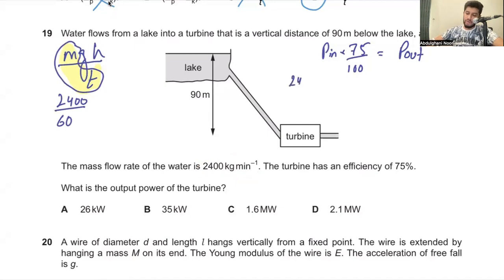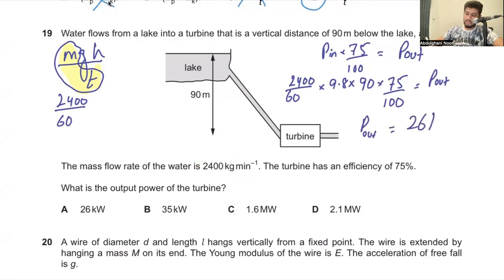So 2400 upon 60 multiplied by 9.81 multiplied by the height, which is 90 meters, multiplied by 75% is equal to the output power. The output power of the turbine comes out to be 26 kilowatts. A.